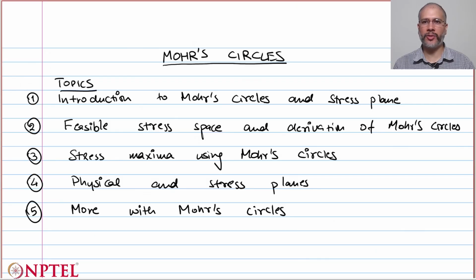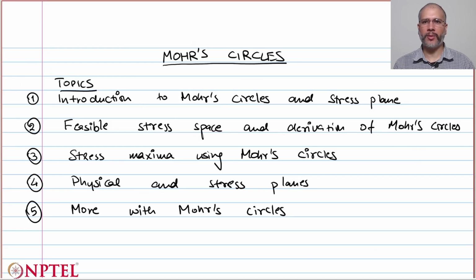In fact, that is the aim of this discussion, that we have to identify the maximum and minimum values for normal and shear stresses using these circles. Then we'll talk about a correspondence between this stress plane where the Mohr's circles are drawn, where the feasible stress space exists, and the physical space, which is our 3D right-handed Cartesian coordinate system OX1, x2, x3.